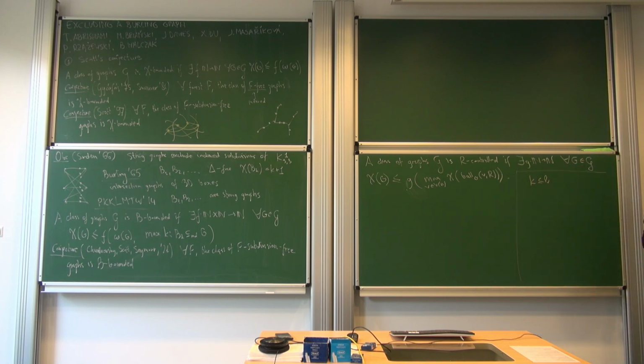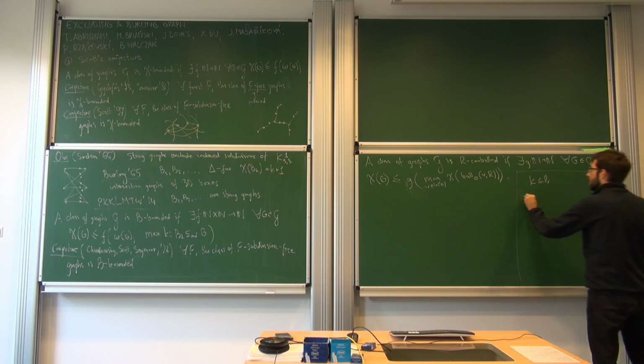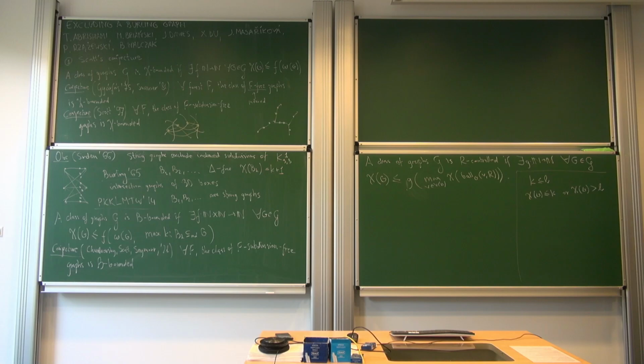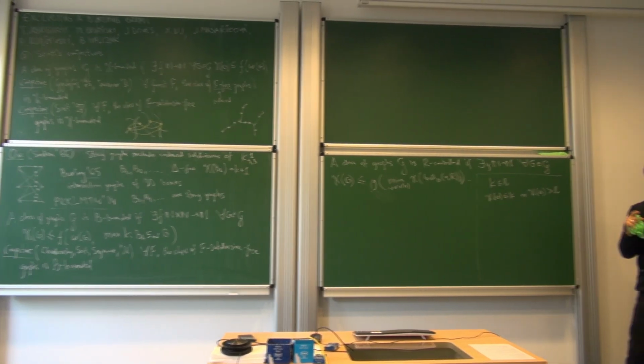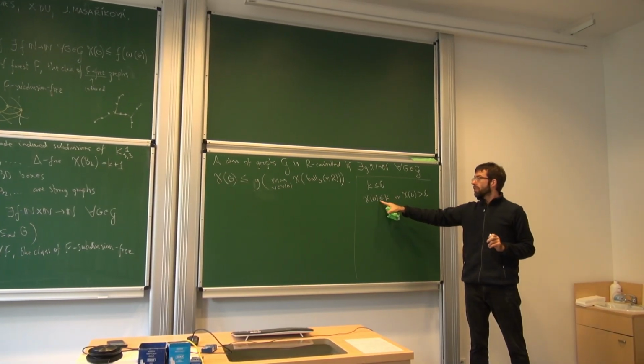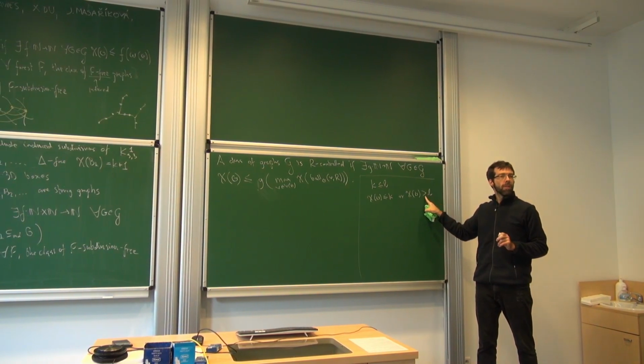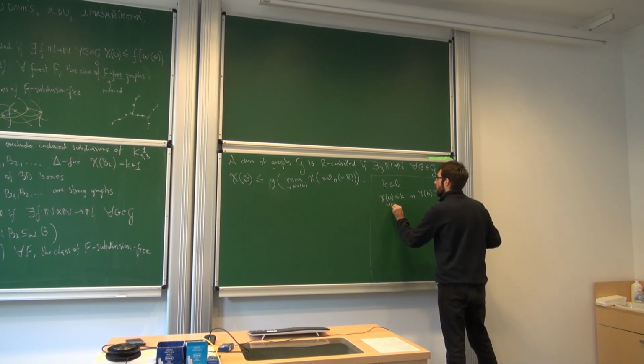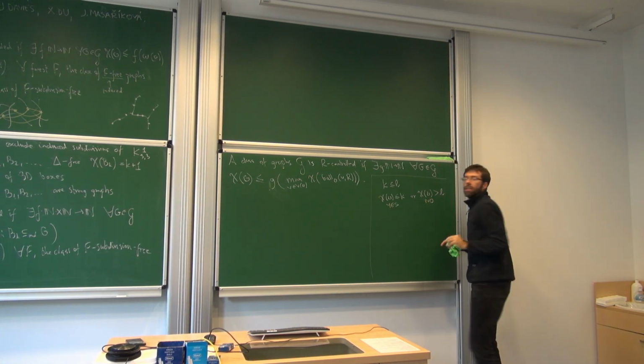On the input, we are given a graph which is promised to satisfy either that the chromatic number is at most k, or the chromatic number is strictly greater than l. And the goal is to distinguish whether this or this holds. So we want to answer yes in this case and no in this case.